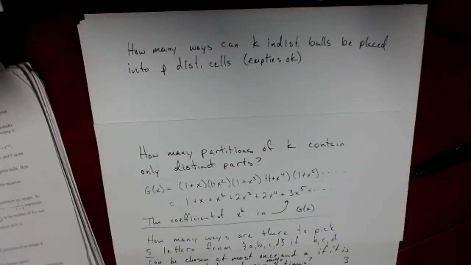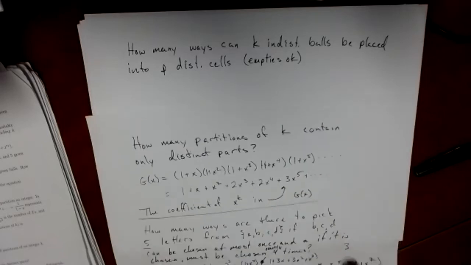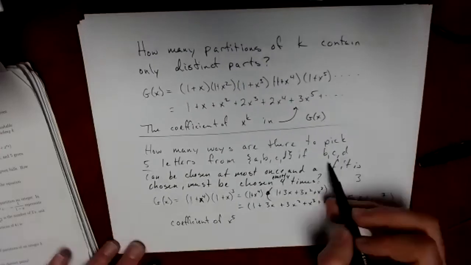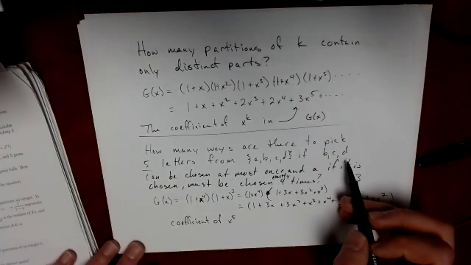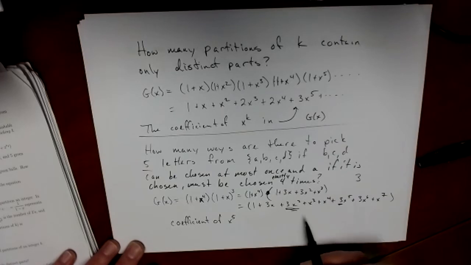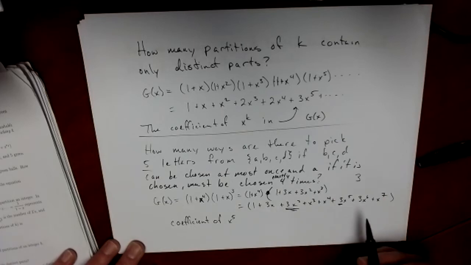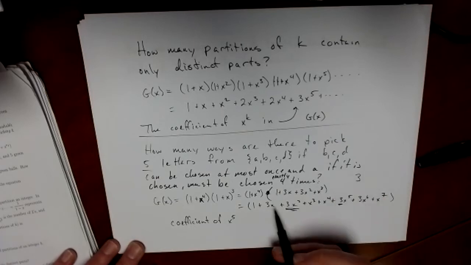Oh, sorry, Alex has a question about the last one. Is 3 because we can have a combination of, yeah, it's 3 choose 2, right? Because we have B, C, or D, and we're going to choose 2 of those. That's why the coefficient of x squared is 3. And so that's actually essentially what it is.